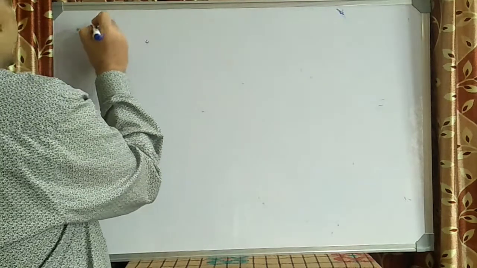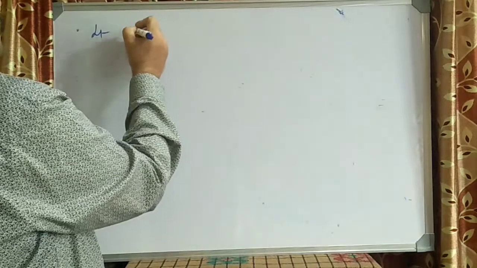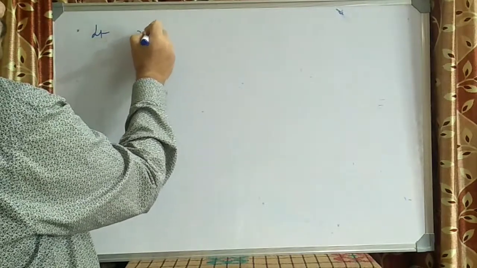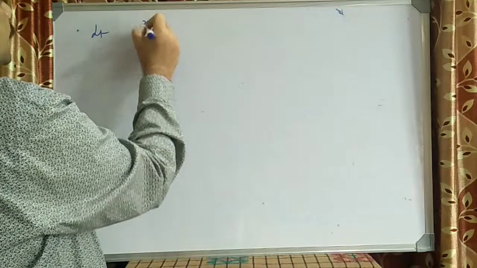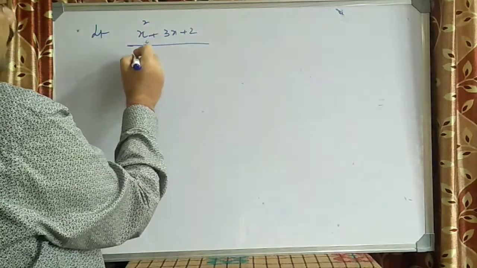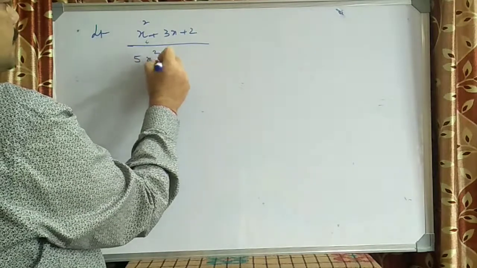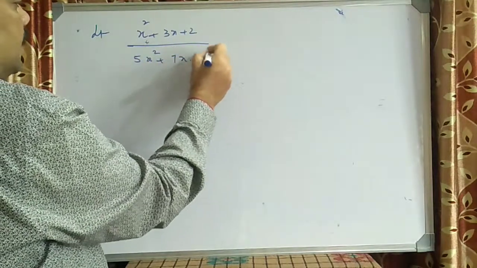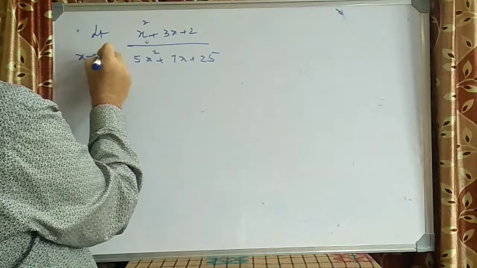Okay, now I am going to discuss some problems, around 2 to 3 problems. See here, please, limit (x square plus 3x plus 2) divided by (5x square plus 7x plus 25) as x tends to infinity.